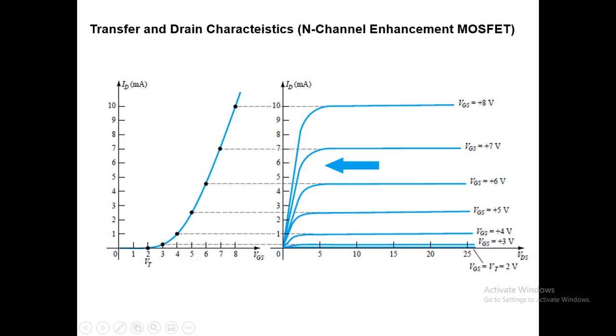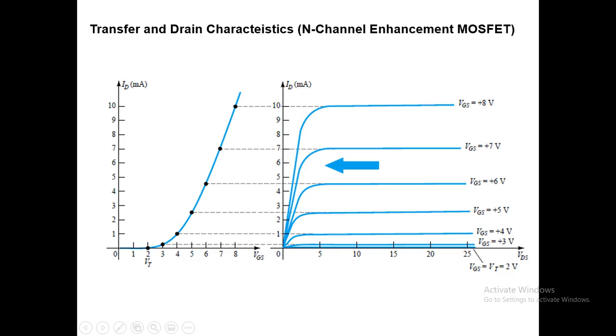And here we have the cutoff region, and if you increase the gate source voltage beyond the threshold voltage VT, here taken as 2 volts, the conduction goes on increasing. For every increase in gate source voltage, there is some increase in the drain current. How does it happen?